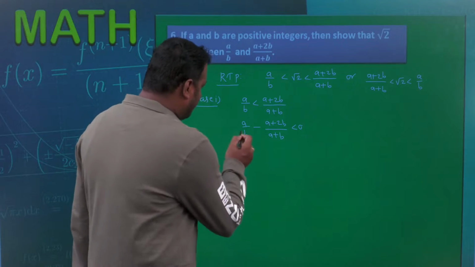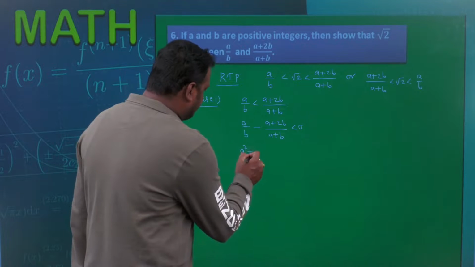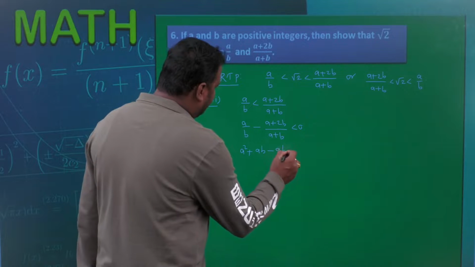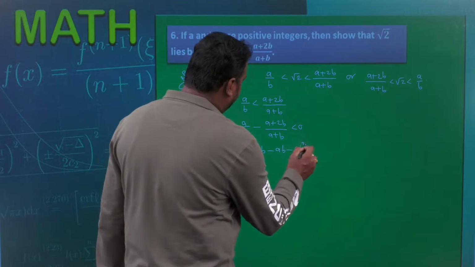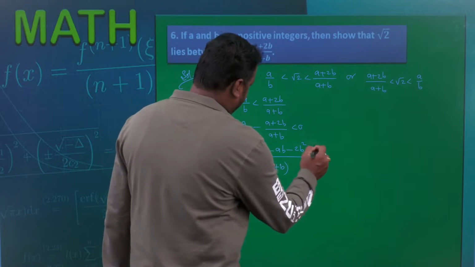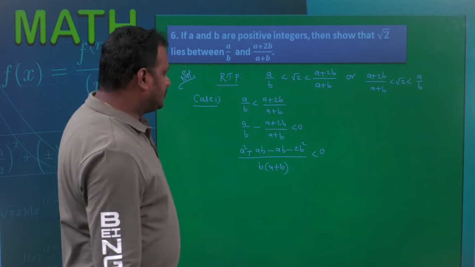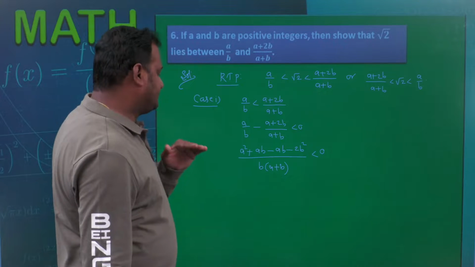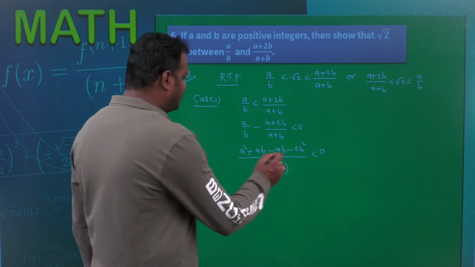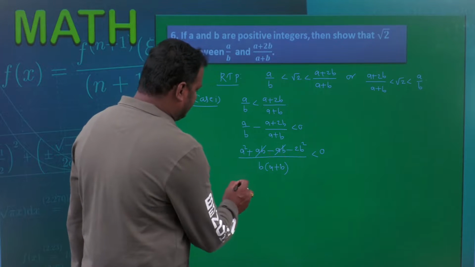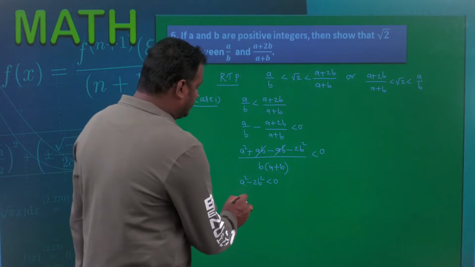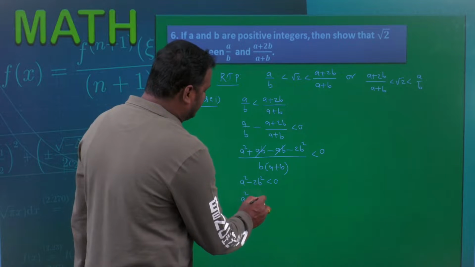When you simplify, a into a is a square, a into b is ab, minus a into b is ab, minus b into 2b is 2b square, whole divided by b into a plus b, less than 0. When it is less than 0, the numerator must be less than 0. Here minus plus cancel, so a square minus 2b square is less than 0, which means a square is less than 2b square.